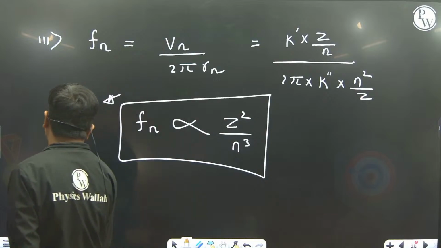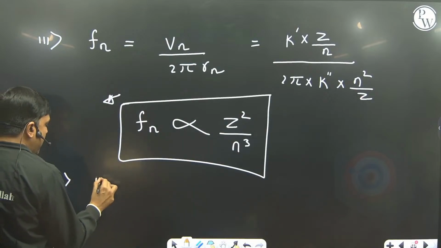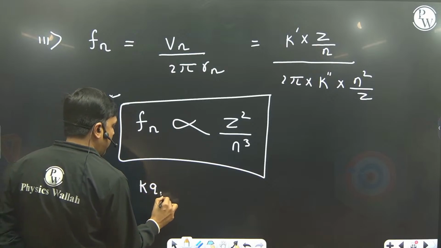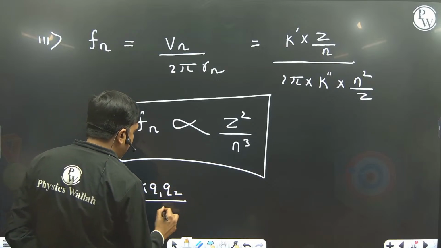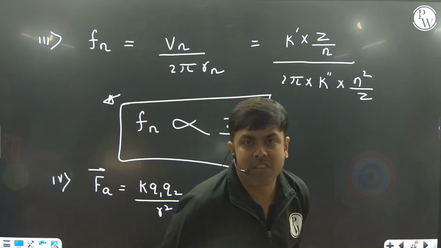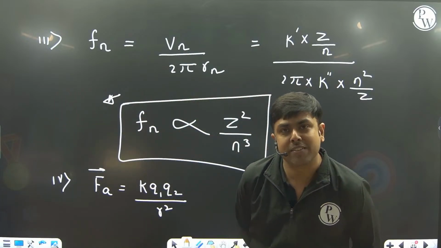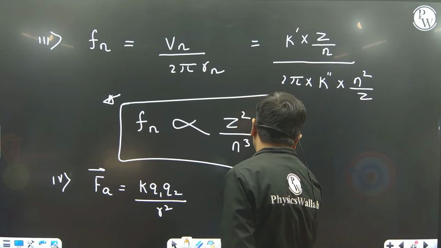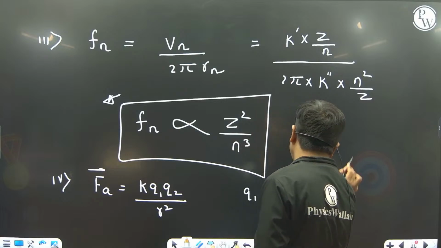What is Coulombic force of attraction? Coulombic force of attraction is K Q1 Q2 upon R square. What is Q1? The magnitude of charge possessed by the nucleus, right? And if Z is the atomic number, then the magnitude of charge will be Ze.